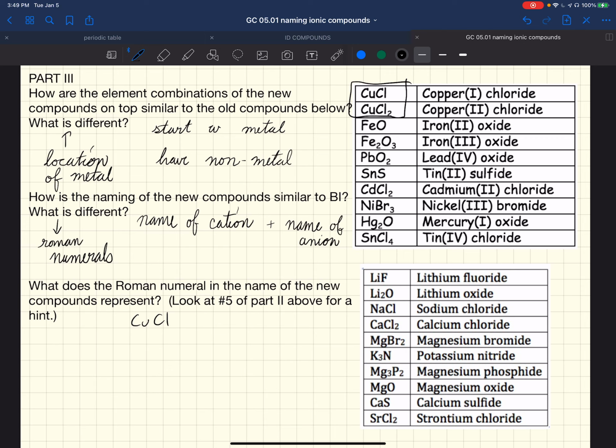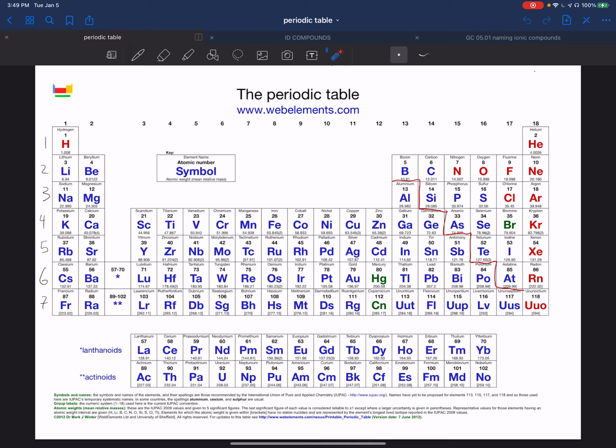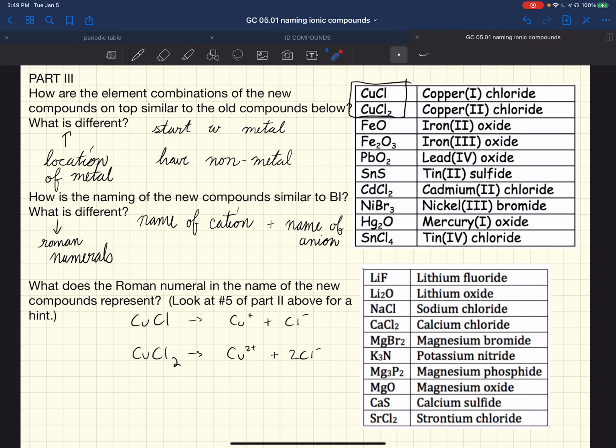Huh. Well, that's really interesting. So these elements have more than one possible charge. In fact, a lot of elements in the periodic table can have more than one possible charge, including the transition metals, the heavy metals, and the F block metals as well. So what does the Roman numeral represent? When I look at this top one, where the copper had a charge of +1, the Roman numeral is 1.